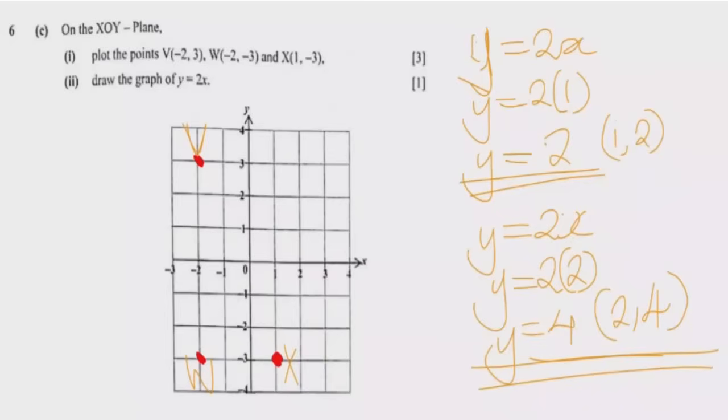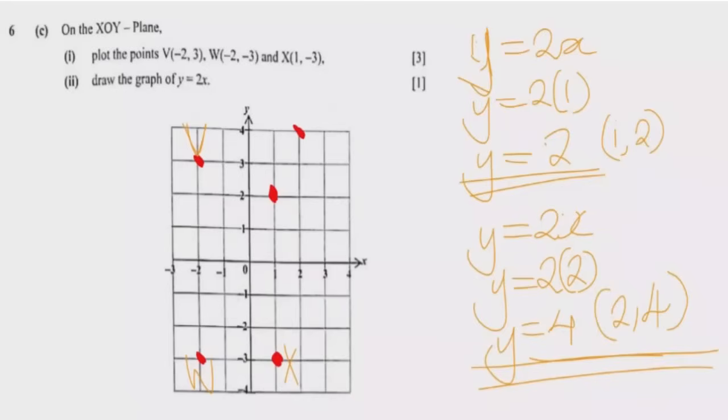Let's start by plotting the point (1, 2). When x is equal to 1, y will be 2, so that point is here. Then when x is equal to 2, y will be 4, so the point will be here.